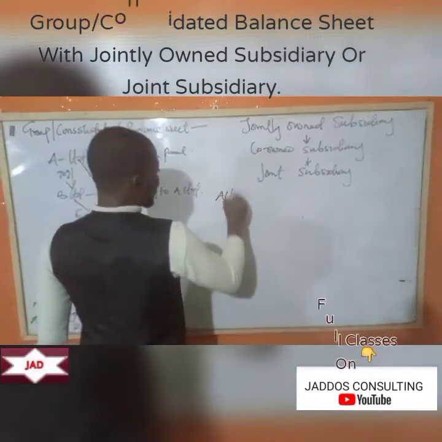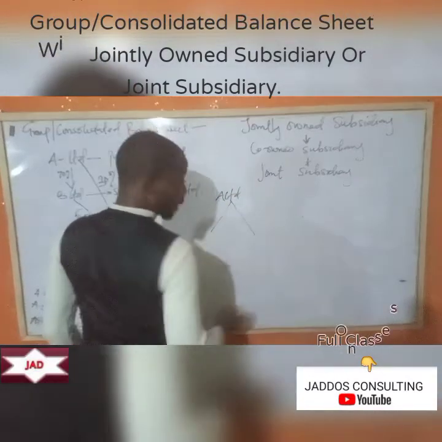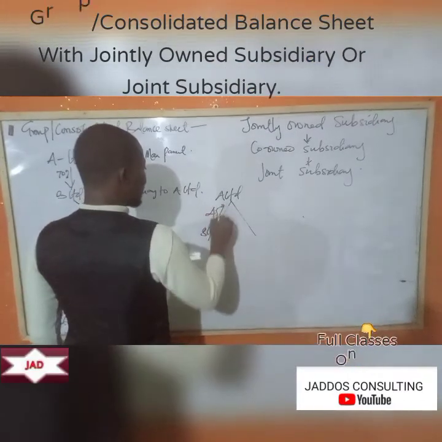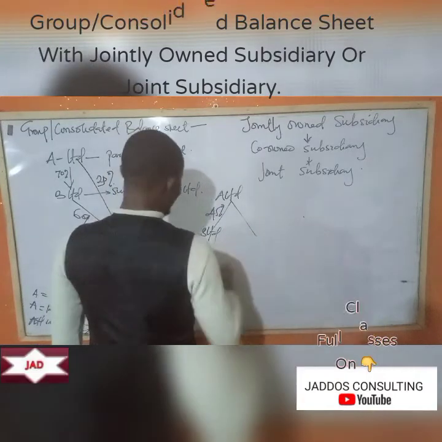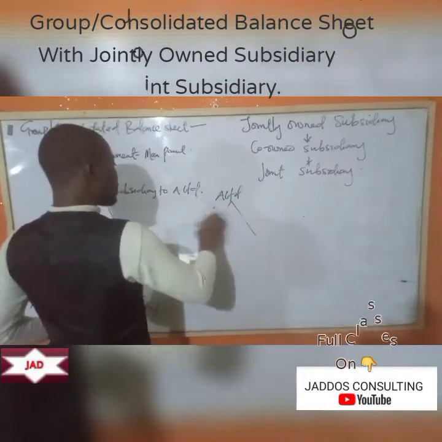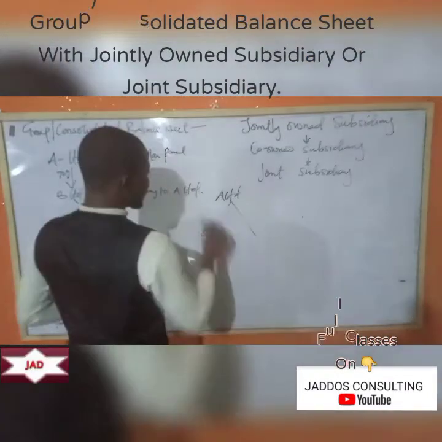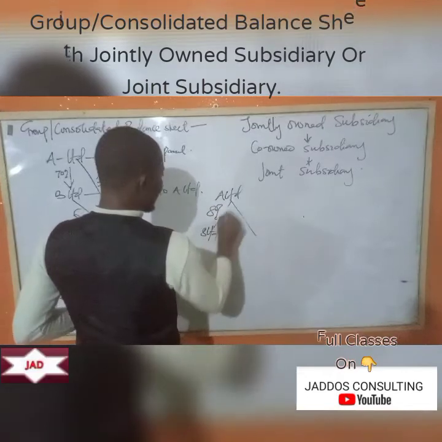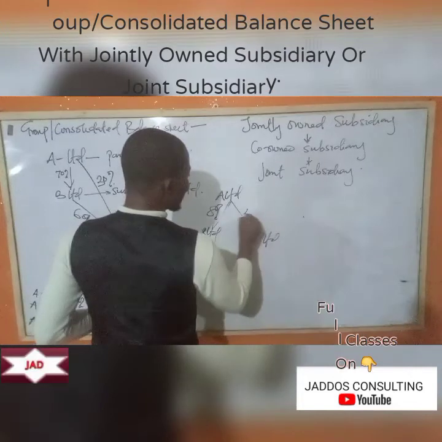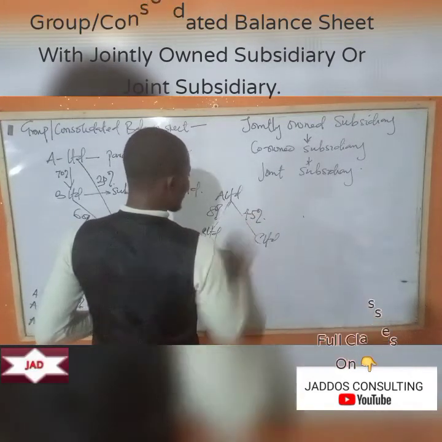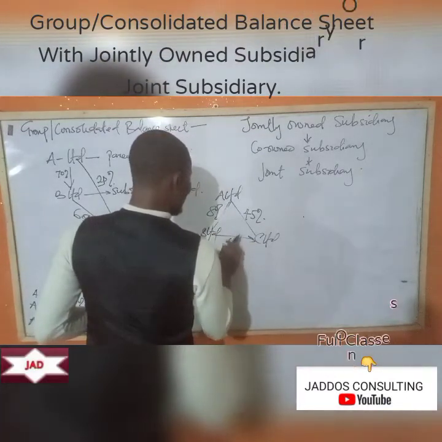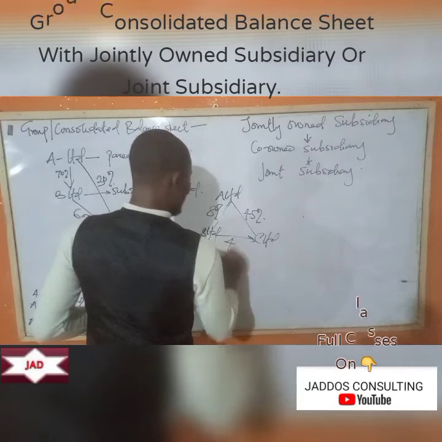Let's look at another scenario. Let's say A Limited has, excuse me, let's say 80% in B Limited. Then in C Limited, let's say A has 45%. Then B Limited has, let's call it 40%.